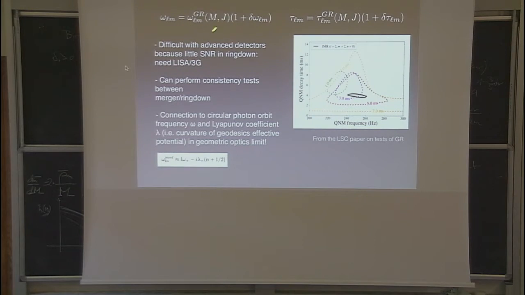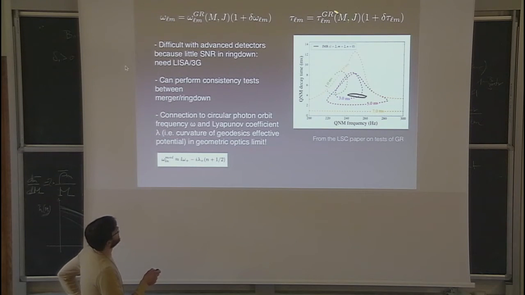What is interesting, and this is one of the last things that I will be saying, is that by solving this boundary value problem, you end up with quasi-normal mode frequencies that are functions of the mass and the spin of the black hole, and you have decay times for the quasi-normal modes that are also functions of the mass and spin.